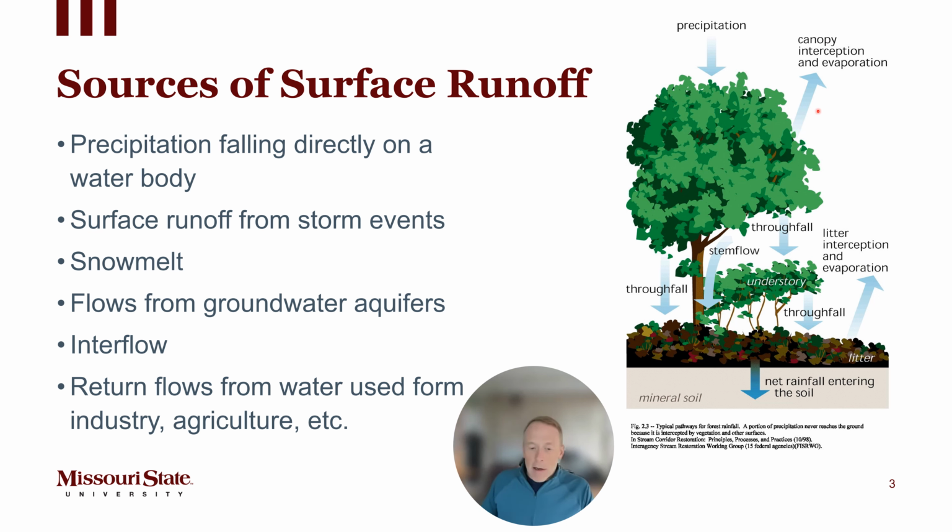Now, some of that water will eventually evaporate and go back up to the atmosphere, or it could even transpire if the roots intercept it, and then the tree takes that water up through the roots, through the leaves, and transpire. So evapotranspiration can return some of this rainfall directly back to the atmosphere. The rest of it's either going to be absorbed by the soil, or it's going to end up as overland flow.